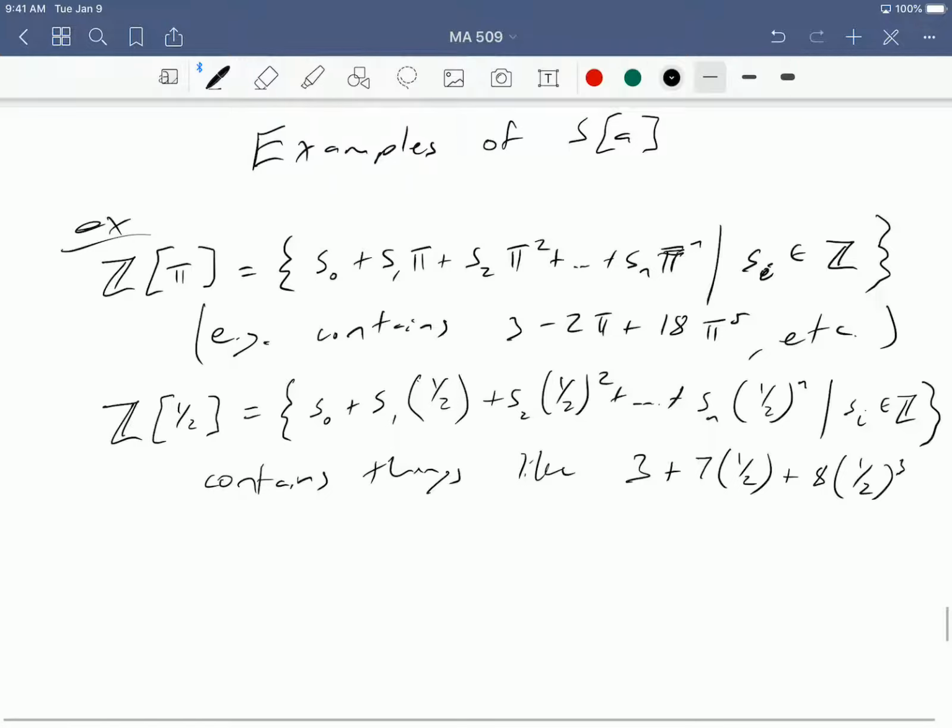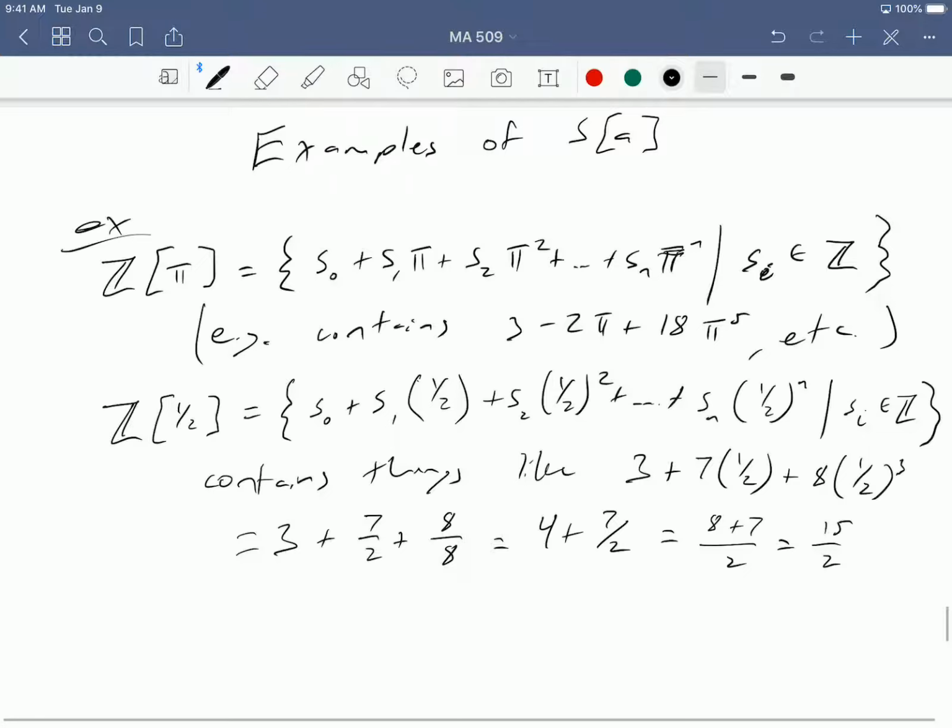But we usually don't write that number like this. We usually would get a common denominator. So let's say that's a 3, a 7/2 and an 8/8. So really what we end up with is 4 plus 7/2, or 8 plus 7/2, or 15/2. We would write it something like that. We might even want to write it as 7.5.